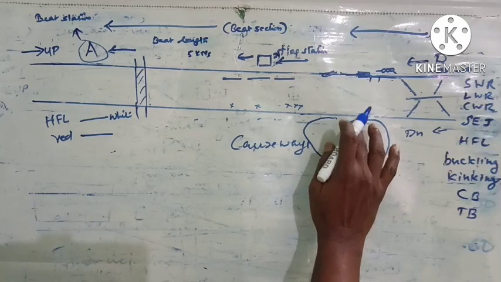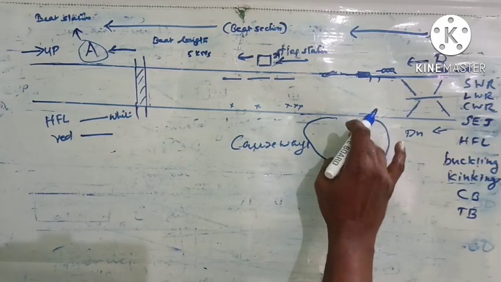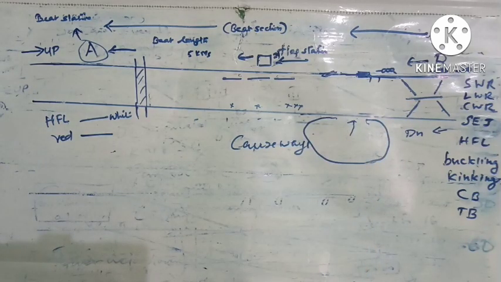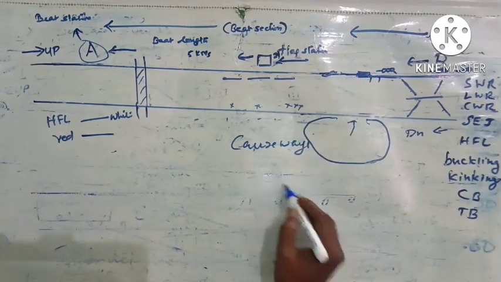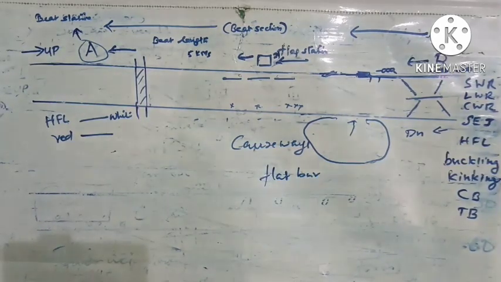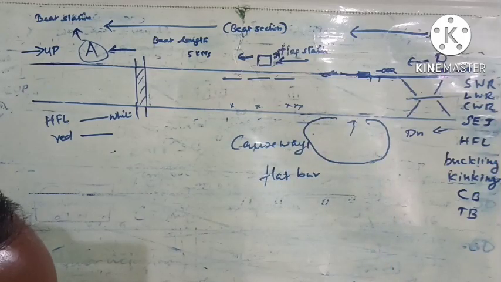Here there is a chance that during monsoon the water may damage the track or go over the causeway. So in such areas, a flat bar will be fixed by the railway to understand the level of the water.